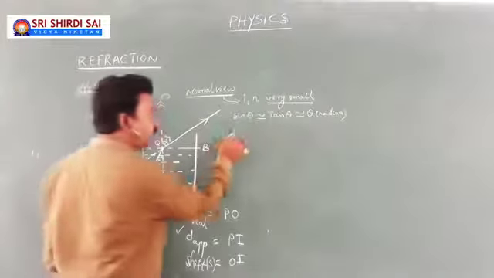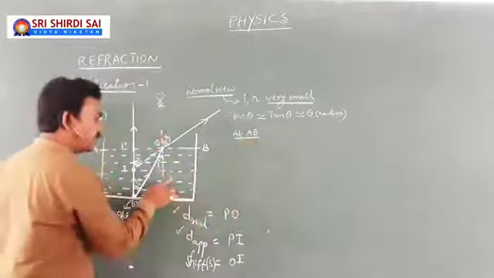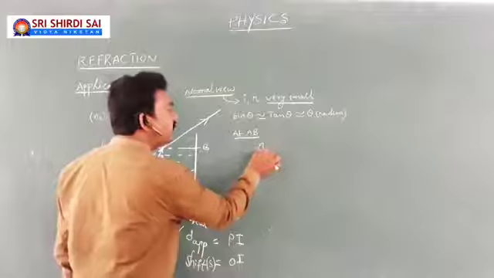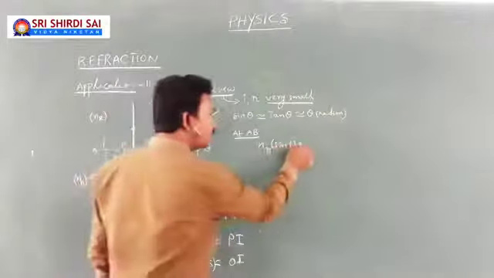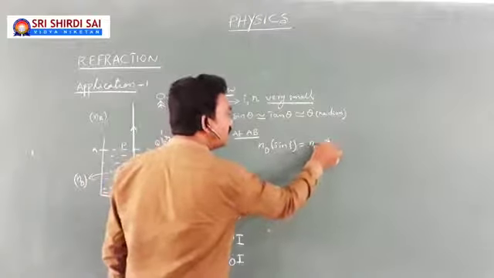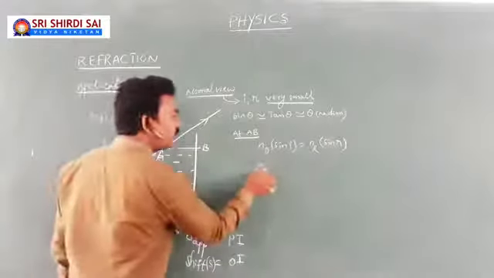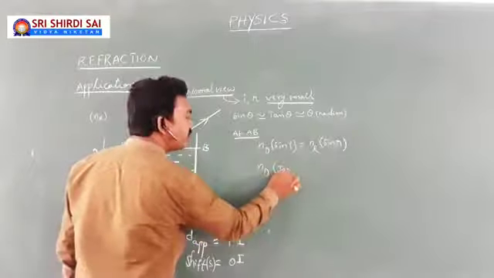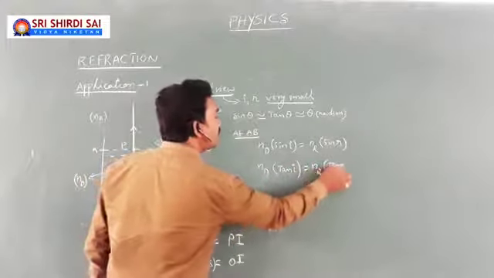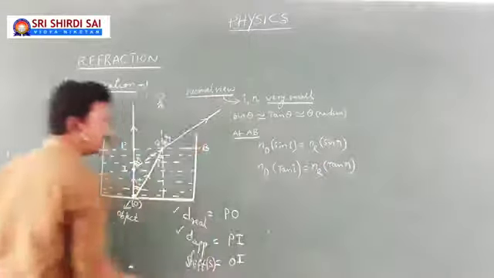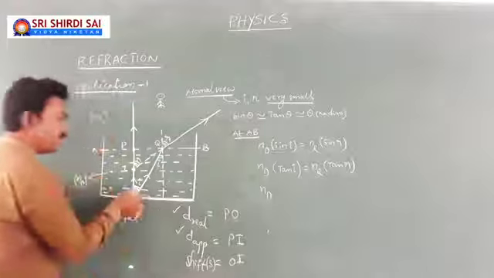At the interface AB, the product of the refractive index of the medium, n_d, into the sine of the angle of incidence in that medium, sin i, equals n_r into sin r. But here I told you sin i can be approximated to tan i and sin r can be approximated to tan r. We will come to know why we are connecting like that. Because n_d into tan i.